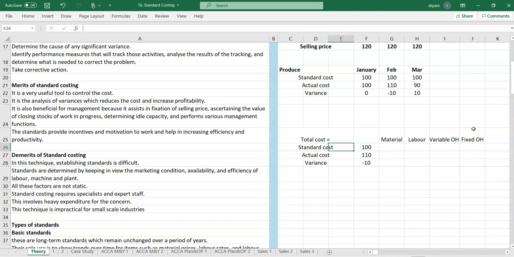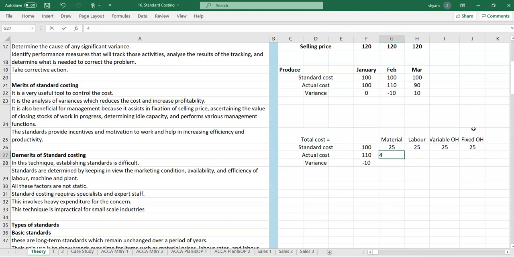So how was this standard cost of 100 formed? It is 25 for material, 25 for labor, 25 for variable overhead and 25 for fixed overhead. That is how the standard cost of the product is arrived at. And the actual is quite different.